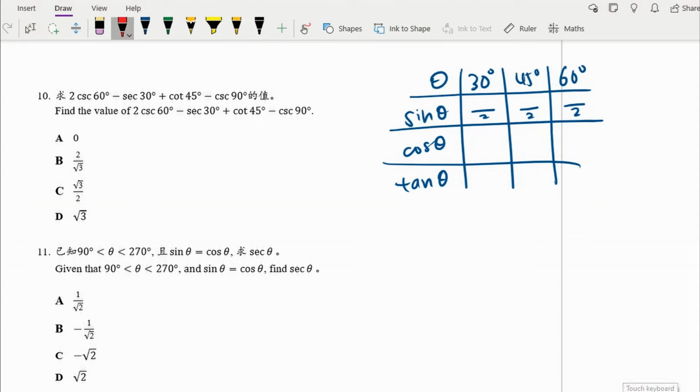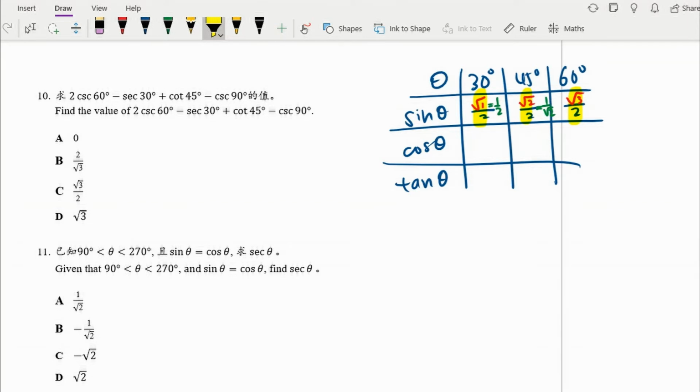Then the numerator is all square roots, and inside here it is 1, 2, 3. If you want to simplify, this one is actually 1 over 2, and this is actually 1 over root 2. But this is easier for you to remember, isn't it? Root 1 over 2, root 2 over 2, root 3 over 2.